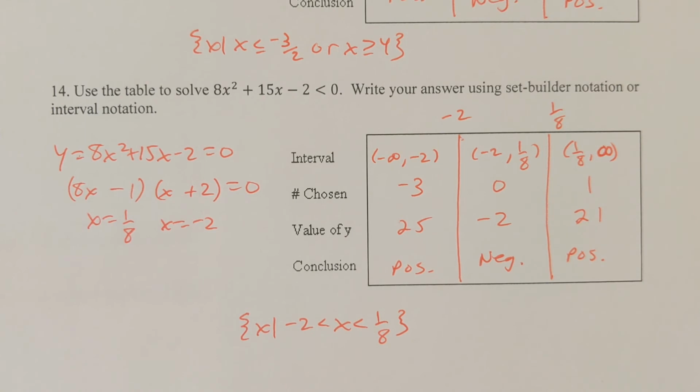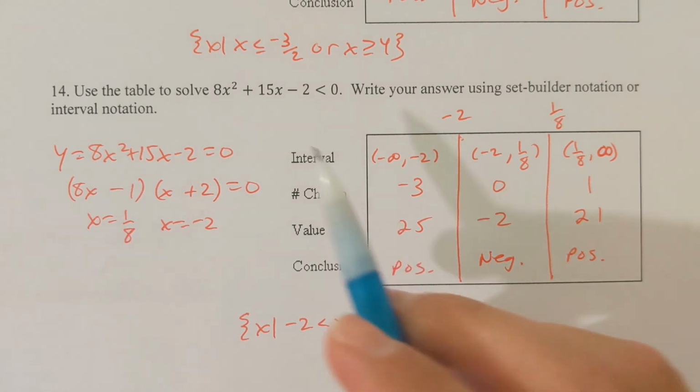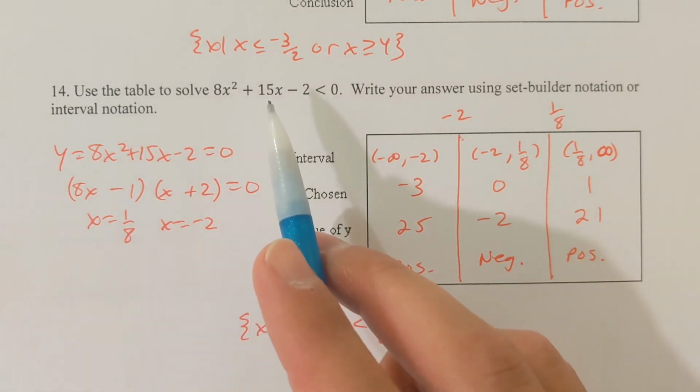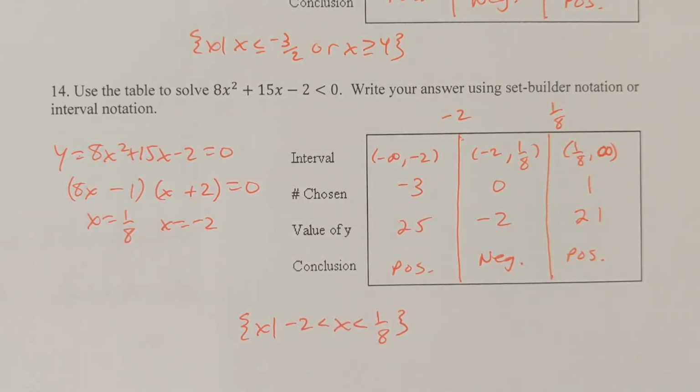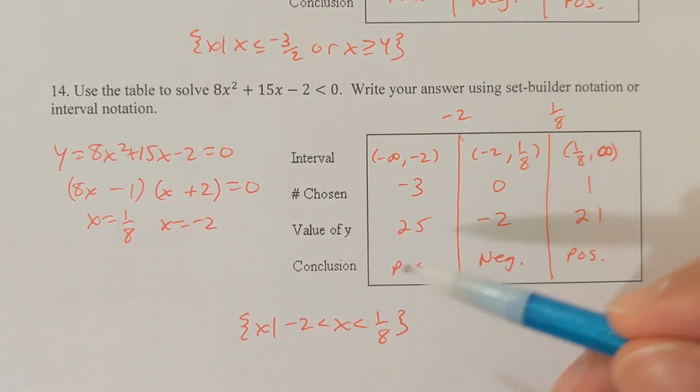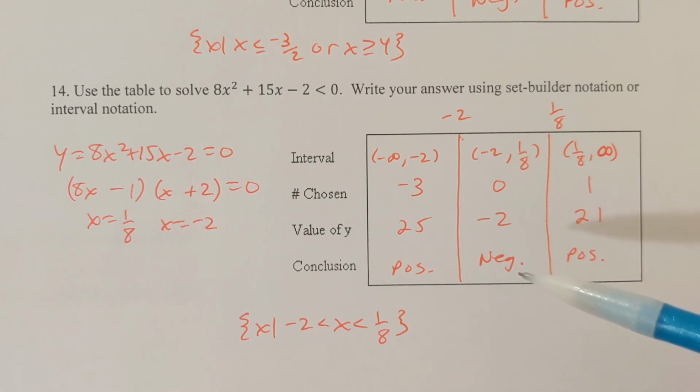Oh, whoops. 72 minus 45 is 27. Minus 2 is 25. That's a positive number there for us.